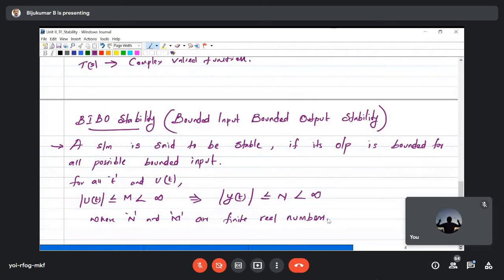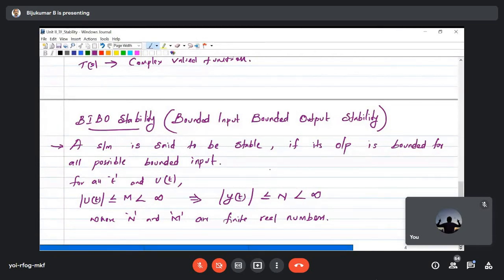So if the input is bounded by some finite real number m, the system should also produce an output bounded by a finite number n. Then we call it a stable system. For all bounded inputs, the system should produce a bounded output. Okay. Now we will take one example and see the concept of stability in detail.